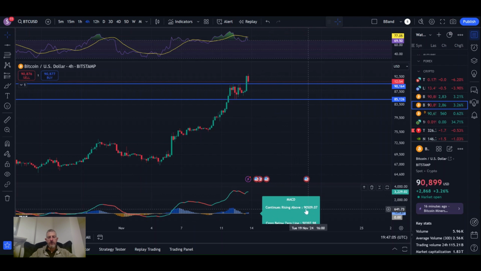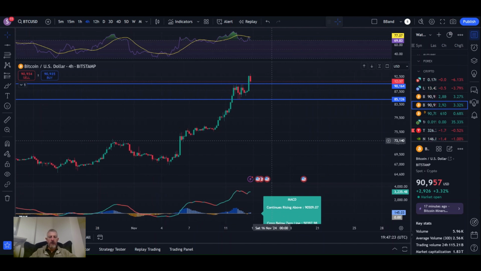If the price starts to close below 90.5, which is fairly close to the moment, so closures basically on a 4-hour time frame below 90.5, this turns red, which is more cooling off of momentum on the 4-hour time frame. So we'll see. If that happened, it's likely that the price would pull back a bit more, make this a lower high and bearish divergence on the 4-hour time frame. So we'll see what happens.